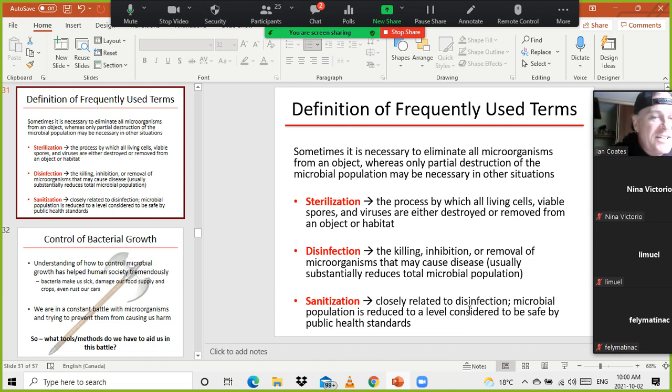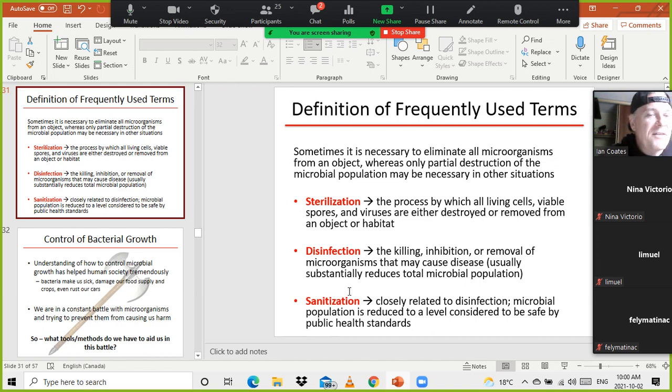Closely related to disinfection, microbial population is reduced to a level considered to be safe by public health standards. So while sterilization is the complete removal of any and all bugs and their spores and everything, sanitation is the opposite, kind of.